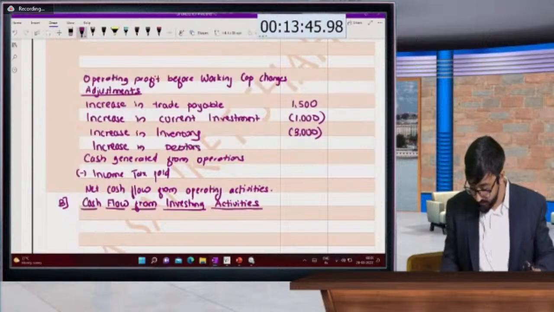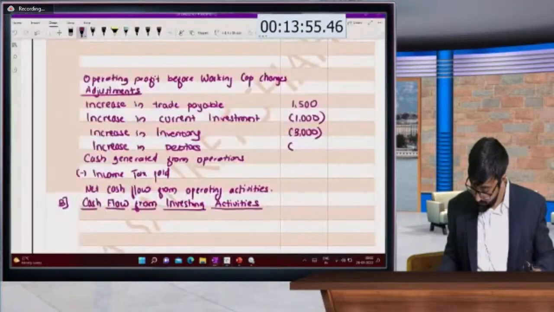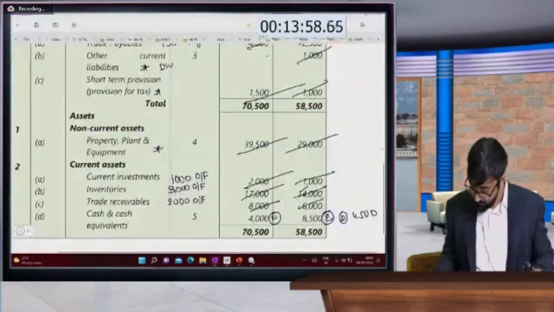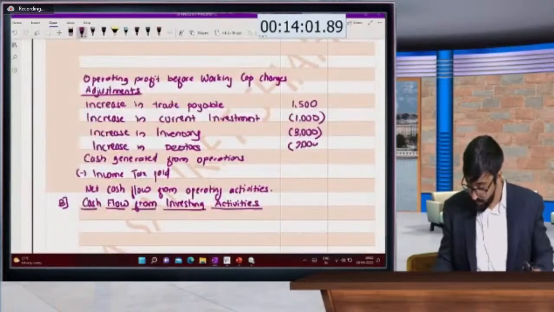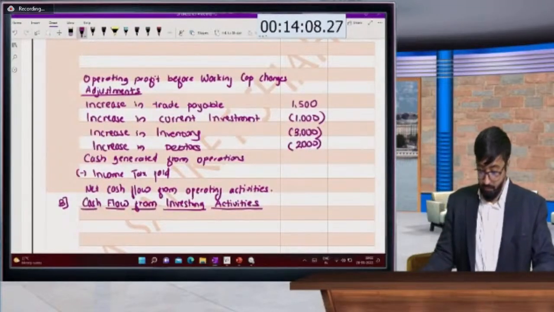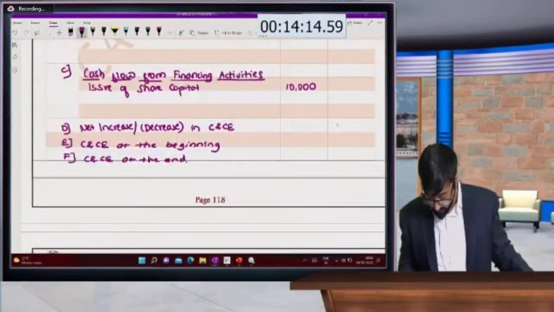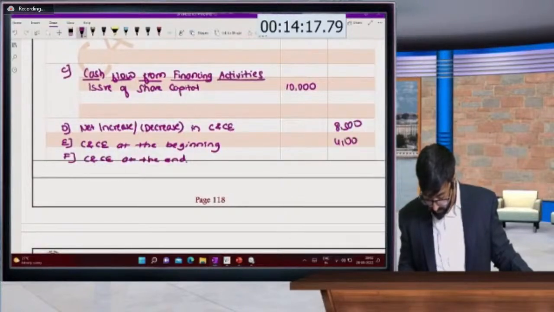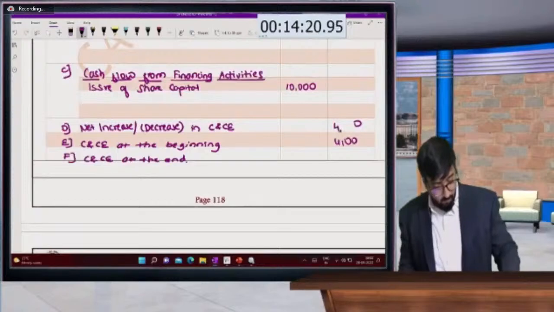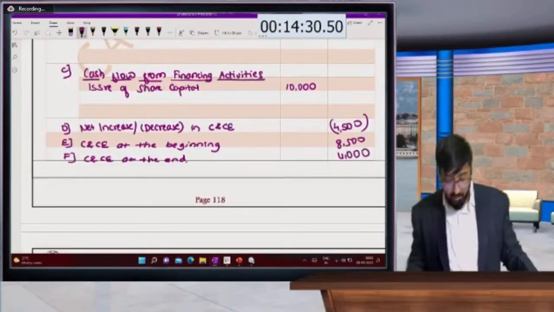Increase in debtors, $2,000 outflow. Now cash and cash equivalent, sorry, negative 4,500, beginning 8,500, end 4,000.